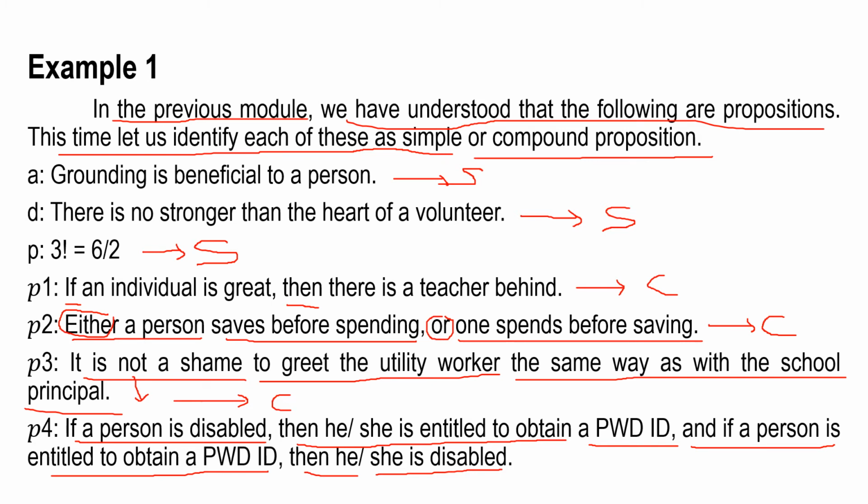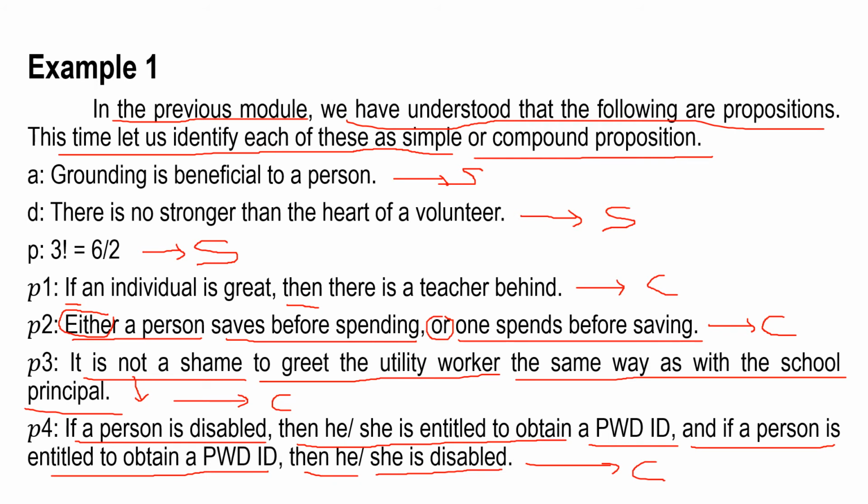Now, this proposition under P sub 4 is a compound proposition. Why? Because we use the if-then logical connector. Once we use logical connectors, and we assess that this is a combination of two or more simple propositions, we can conclude that this proposition under P sub 4 is a compound proposition.